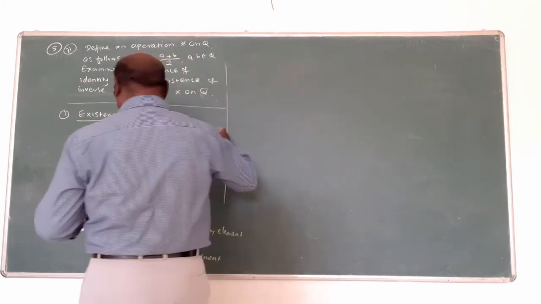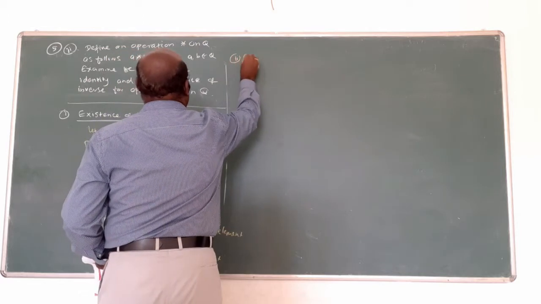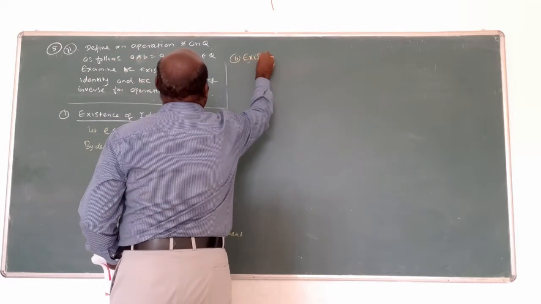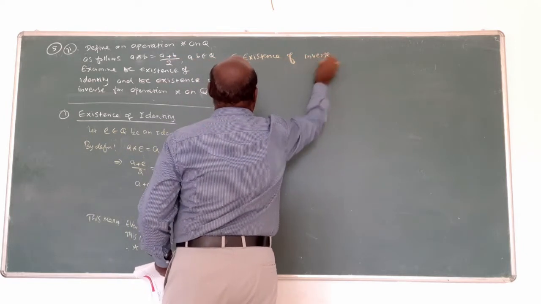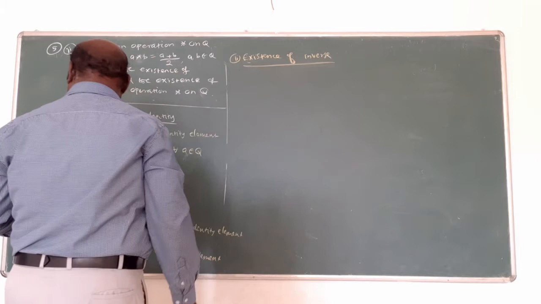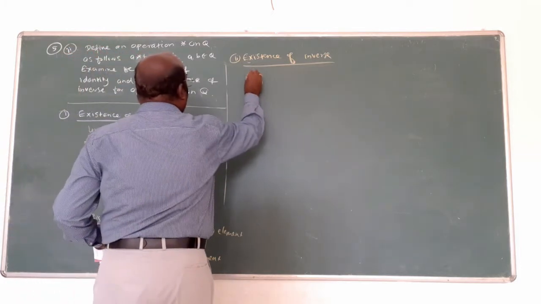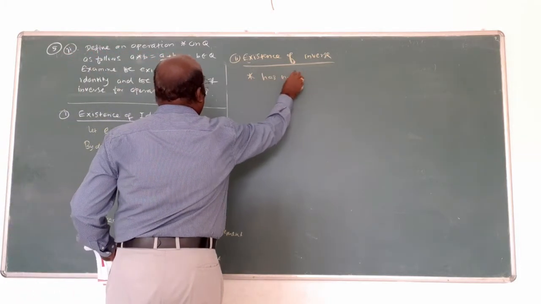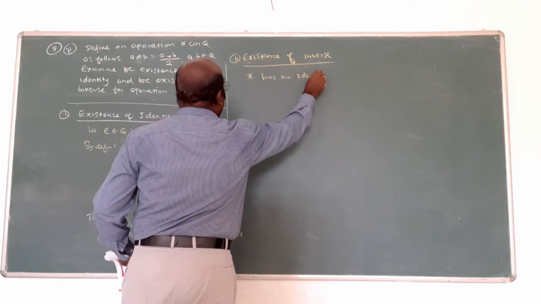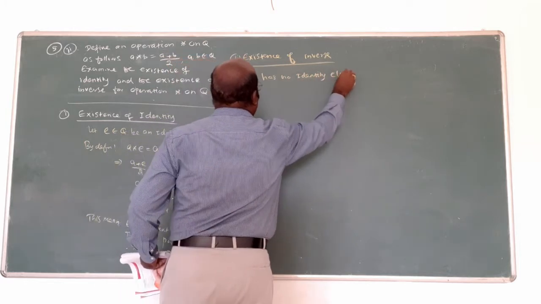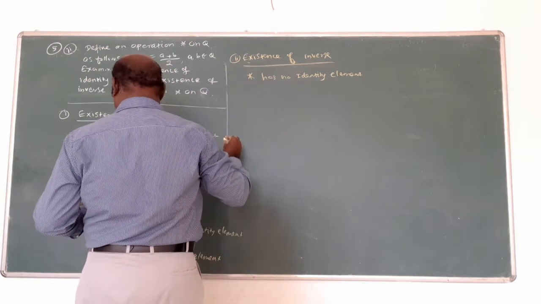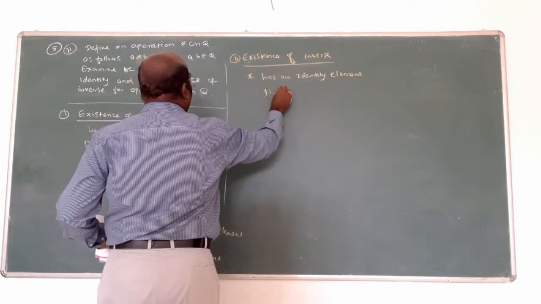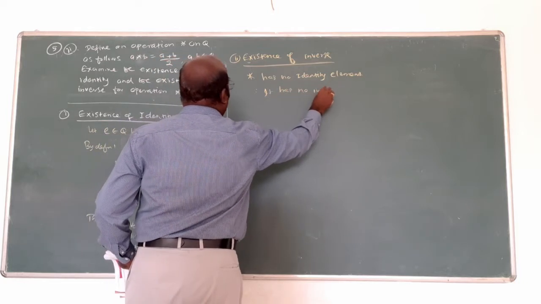Put the heading: existence of inverse. Give the reason: star has no identity element. That's why it has no inverse. Therefore, it has no inverse. That's all.